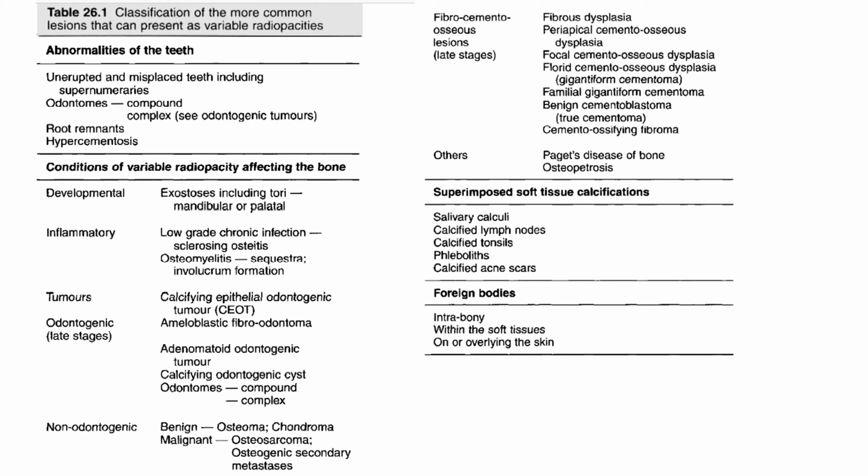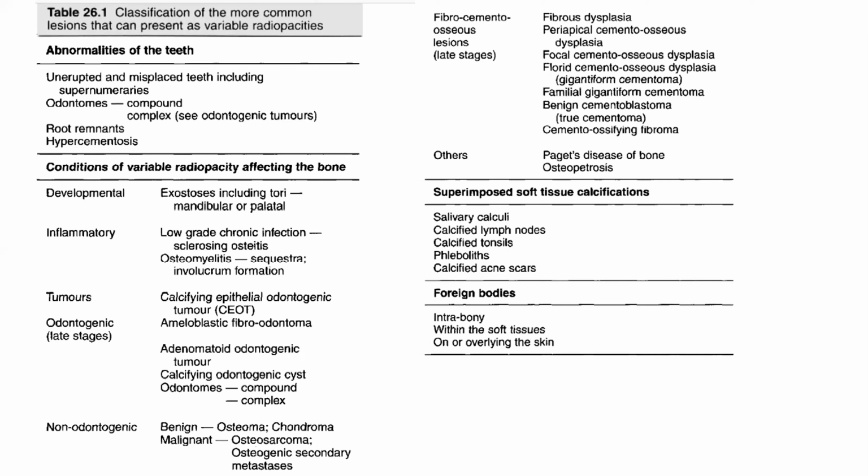Concerning superimposed soft tissue calcifications, which we can see as radiopacities, there can be salivary calculi, calcified lymph nodes, calcified tonsils, phleboliths, calcified acne scars, and also we have foreign bodies that can be either intrabony or within the soft tissue, or on or overlying the skin.